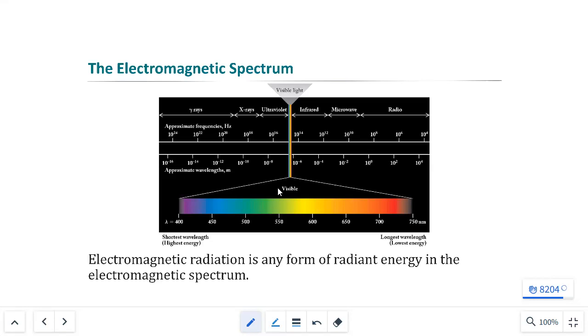So out of this great spectrum of all of these different wavelengths and frequencies, this little tiny rainbow band right here in the middle is all we can actually detect, at least with our own eyes. Now, with other kinds of detecting equipment, sure, we can expand out into the ultraviolet, we can expand out into the infrared. But on its own, not a whole lot we can do.